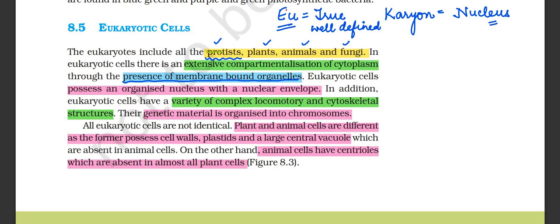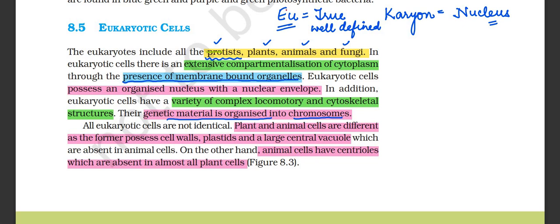It has different kinds of structures complexly bound to make one structure of flagella that performs the locomotory function. Again, if the nuclear envelope and a well organized nucleus are present, then the genetic material is organized into chromosomes, and these chromosomes are present inside the nucleus.